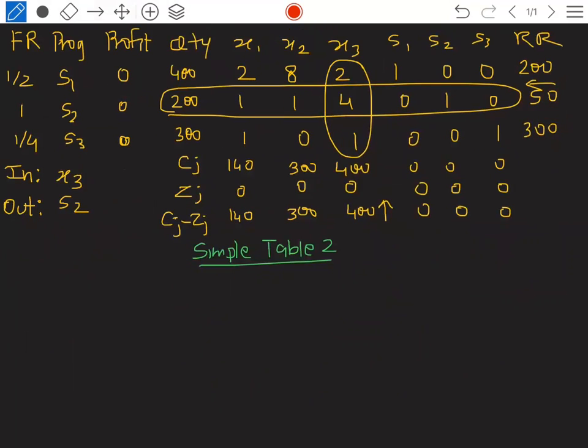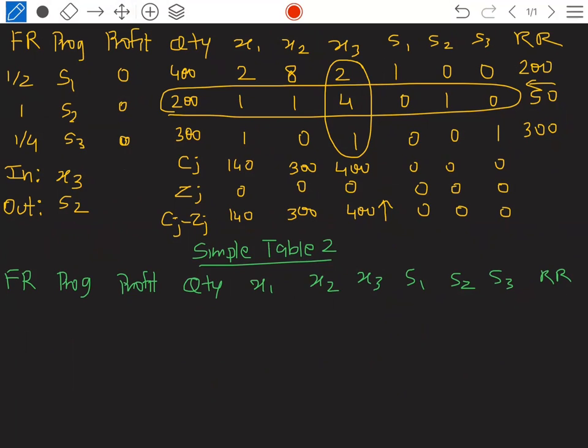Here again we have the columns: program, profit, quantity, x1, x2, x3, s1, s2, s3, and replacement ratio.